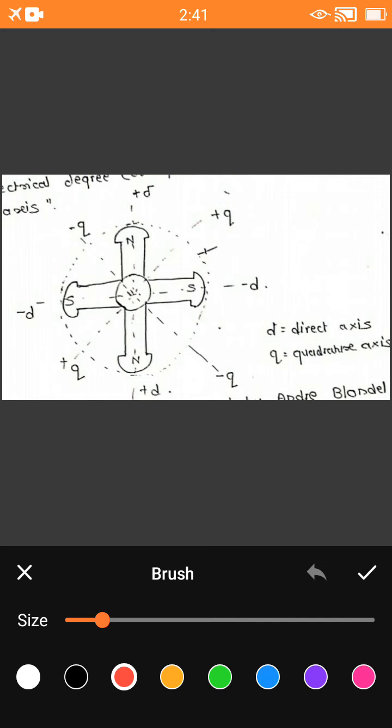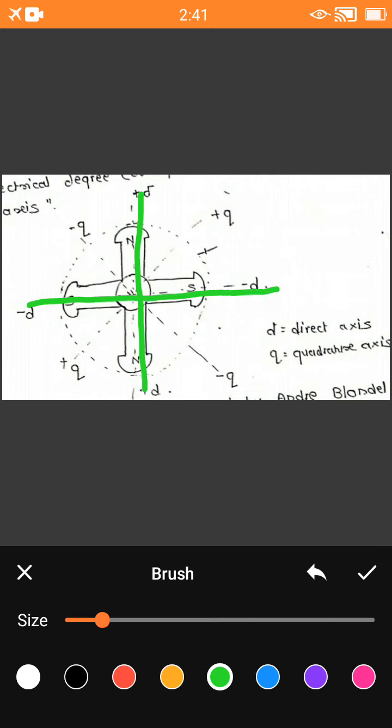Again I am repeating, the axis of symmetry of the north magnetic pole of the rotor is called the D axis, the positive D axis. The axis of symmetry of the south magnetic pole is the negative D axis.